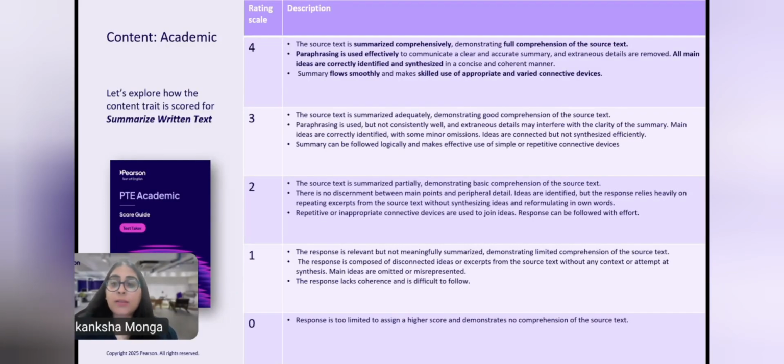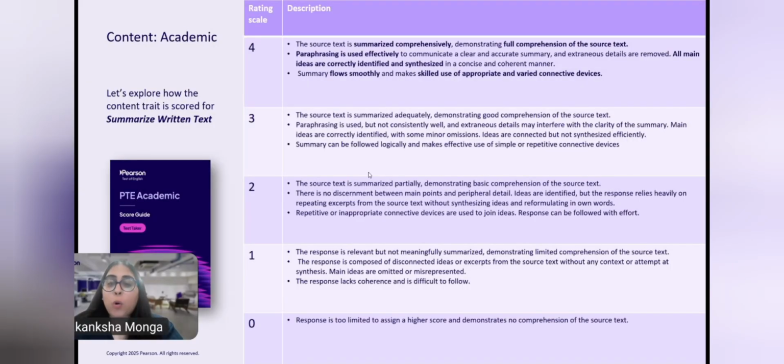It also mentions here that the ideas are identified, but the response relies heavily on repeating excerpts, which means that even if the test taker has understood the text, they have not done any paraphrasing. So a lot of the words and phrases have been copied or used exactly from the text.